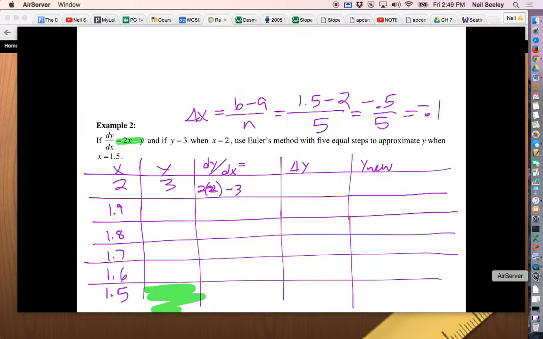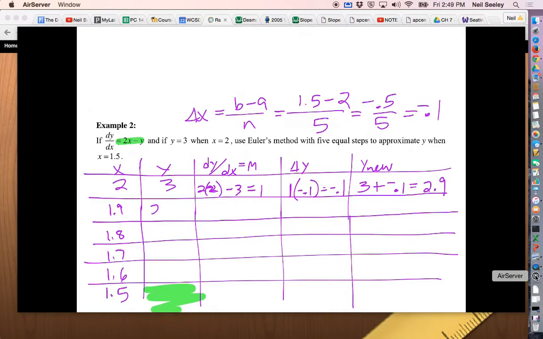So it's 4 minus 3, it's 1. And that slope that we just got, this is our m, times your delta x, which is negative 0.1. That'll give you your change in y. So my first change in y, the first drop, is negative 0.1, which takes me from 3 down 0.1 to 2.9.